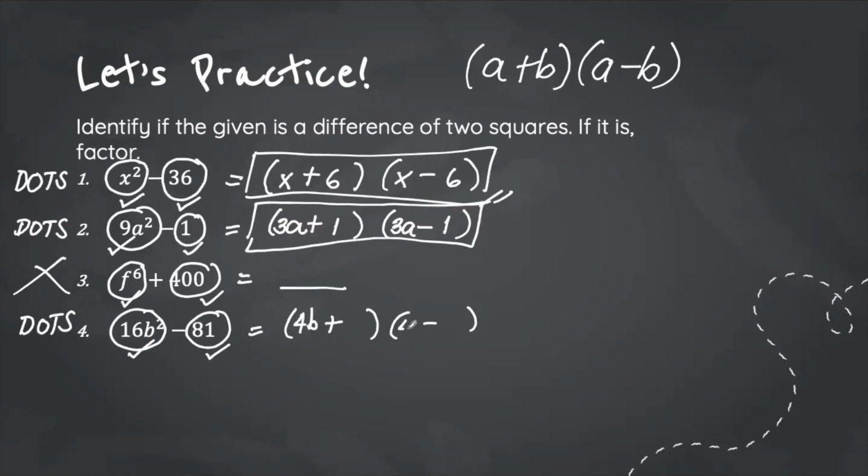So we will write 4b in our first term. And the square root of 81 is 9, so we will write 9 here. And the factors of our difference of two squares are 4b plus 9 and 4b minus 9.